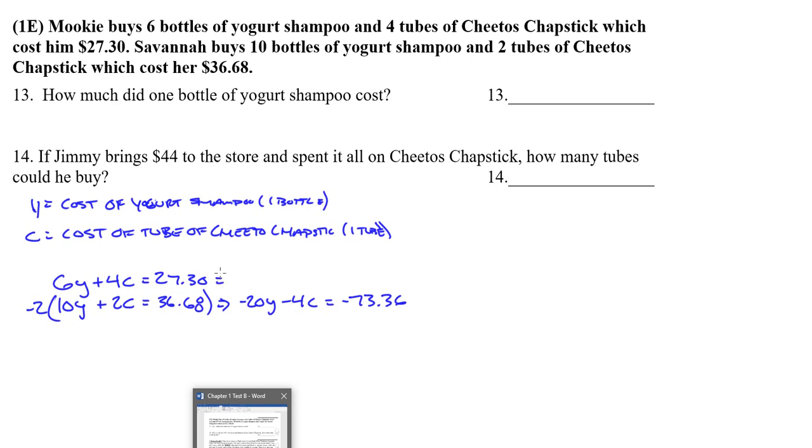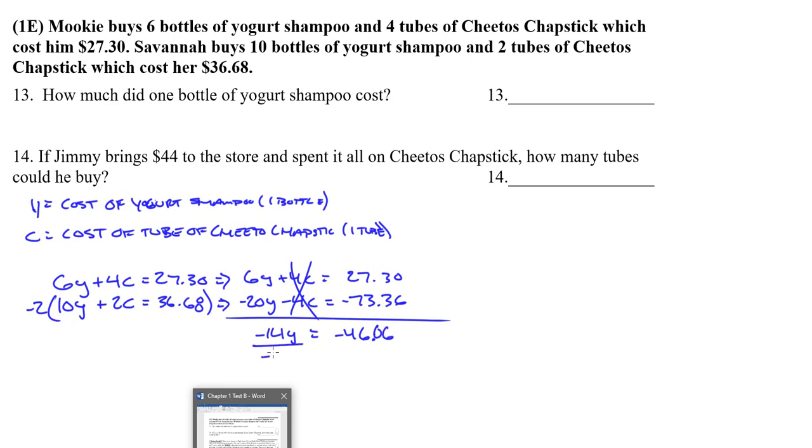Okay, and then we're going to bring this one over as well. 6y plus 4c equals 27.30. And then we're going to add these two lines together where the c drops out, right? Negative 14y. And then we take 27.30 minus 73.36, and we get negative 46.06.